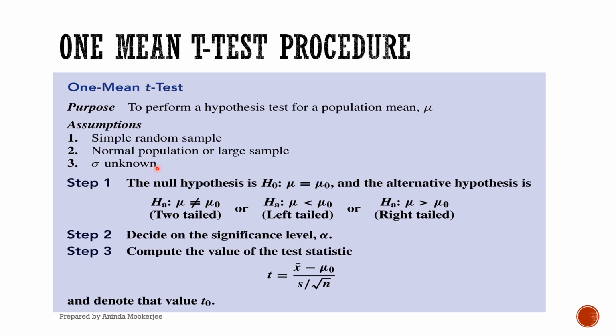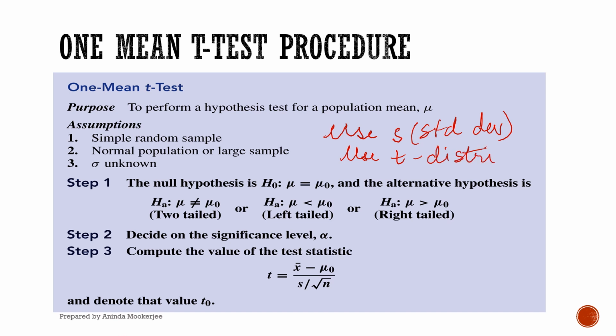The only option we have is to use the sample standard deviation, in other words, we have to use S in our formula, and we will have to use what's called the T distribution.